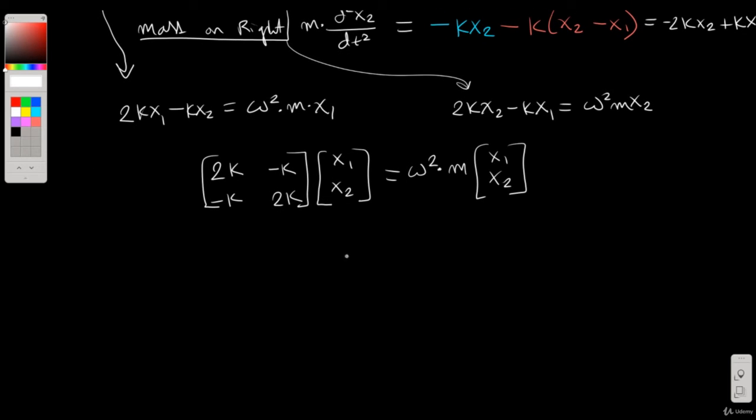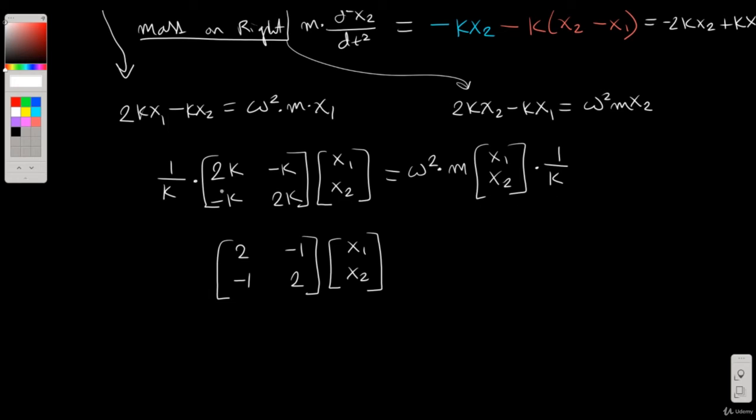So let's define our eigenvalues. Actually, one of the cool tricks that we can do here is divide the capital K over to the right hand side and effectively rewrite the equation as follows. I'm dividing both sides by k, so I'm multiplying this by 1 over k.